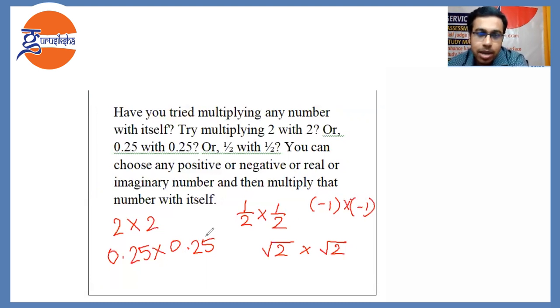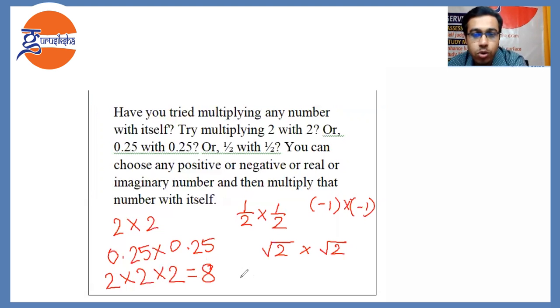So basically, coming back to cubes, if you multiply any number twice with the same number, then we get a cube. For example, 2. If we multiply 2 twice with 2, means first 2 into 2, then one more time, we get 8.